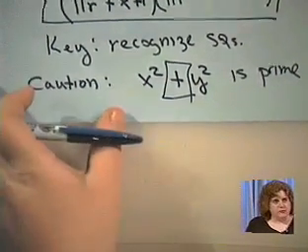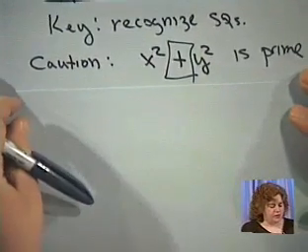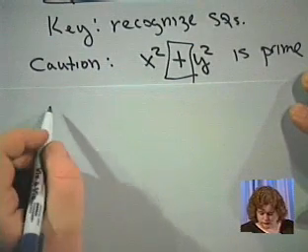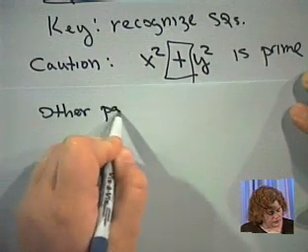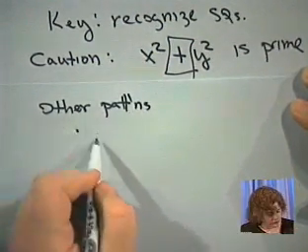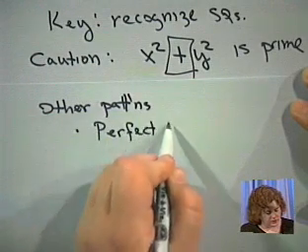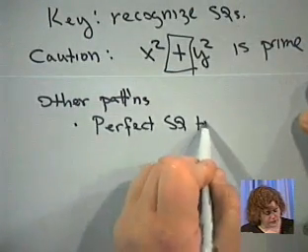Now, I told you I was going to mention the other patterns. This is just so that you have them for reference to look up in your book, if you like using patterns. First of all, you have your perfect square trinomials, and that's just undoing squares.